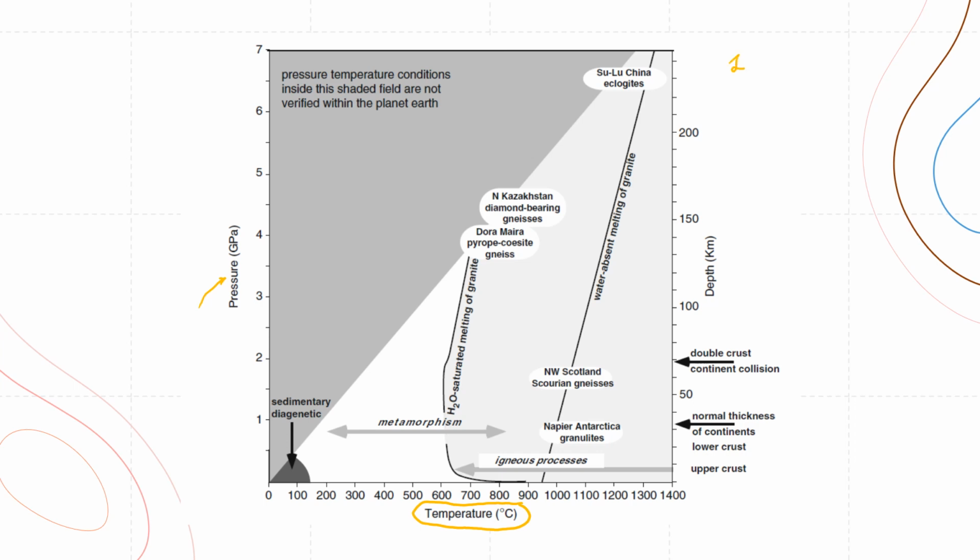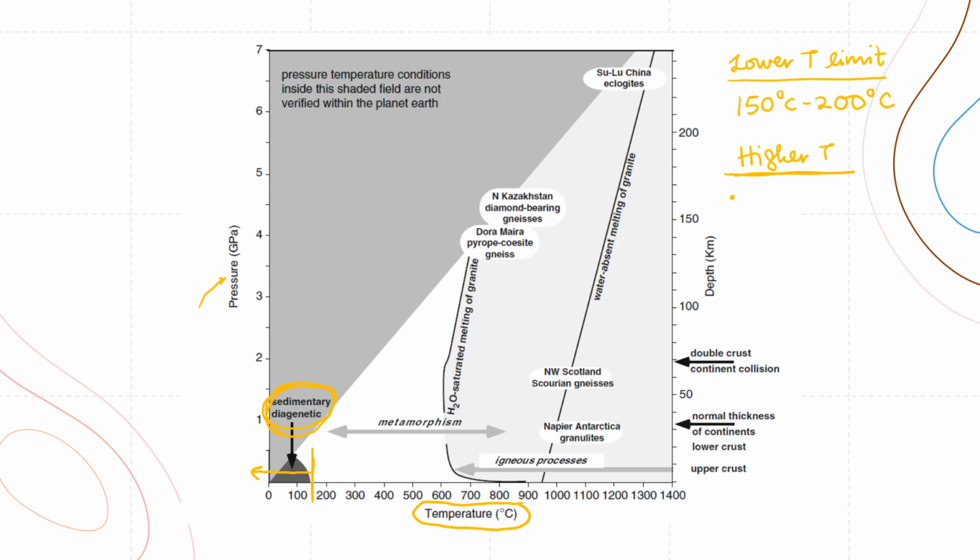We talked about how the lower T limit for metamorphism would be about 150 degrees Celsius to 200 degrees Celsius. So looking at this graph right here, you can see that anything below 150 lies in the sedimentary diagenetic processes region.